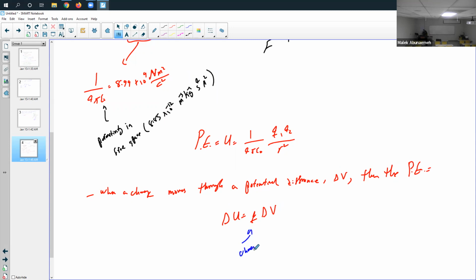Q, that's your charge. V, that's your voltage. And delta U, that's again your potential energy.